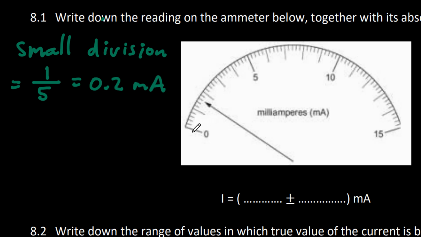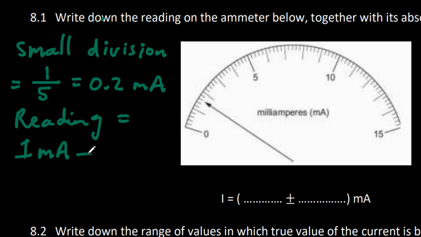So then to do the reading, we'll have 1 milliamp up to this point, then 1, 2, 3 small divisions. So basically the reading will equal 1 large division, so 1 milliamp, plus 3 small divisions, so 3 times 0.2 milliamps.